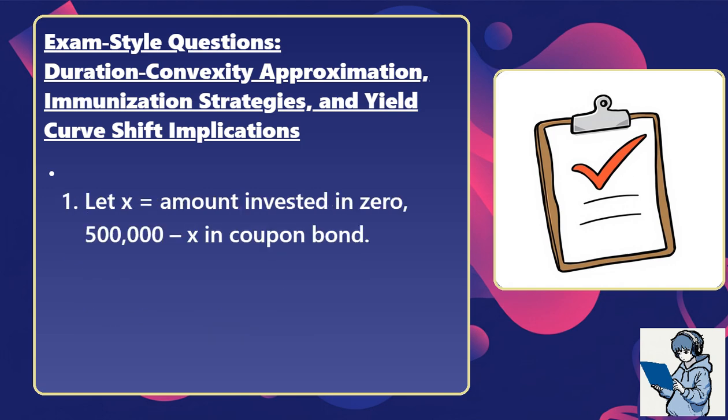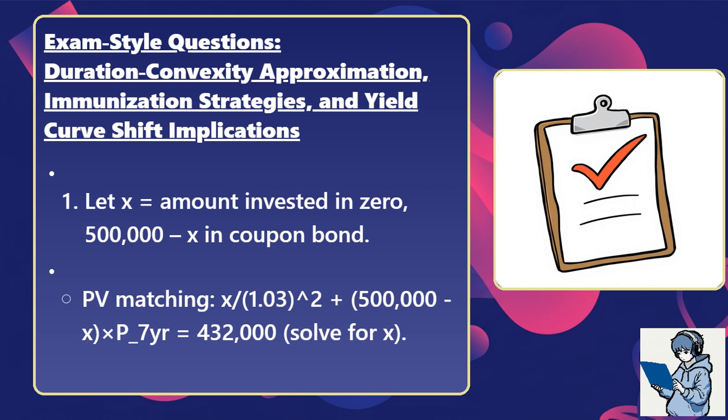3. Let X equal the amount invested in the zero, and 500,000 minus X in the coupon bond. PV matching: X divided by (1.03) squared plus (500,000 minus X) times P 7-year equals 432,000.